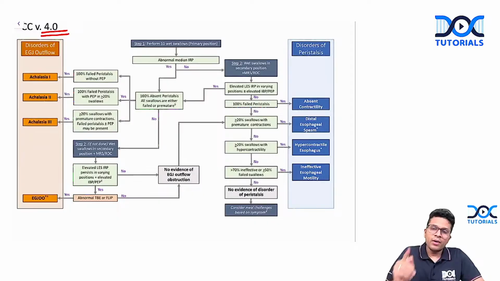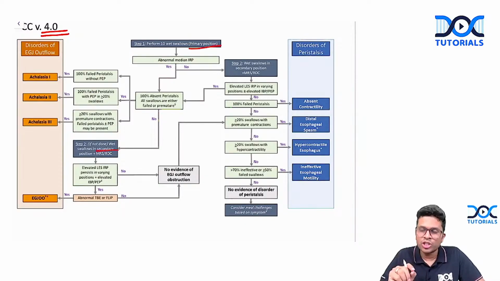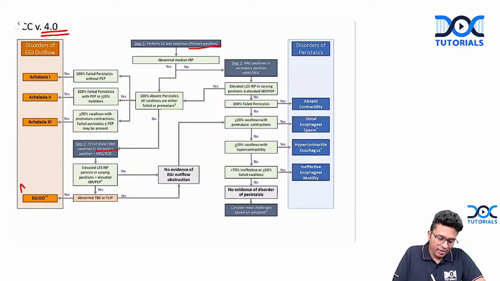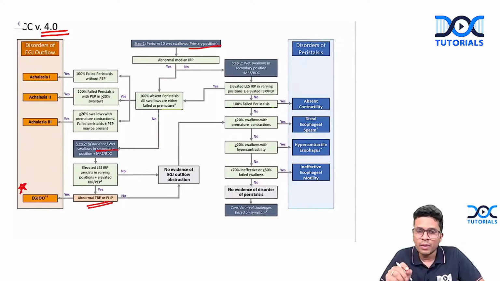Okay. Here there are some changes from the previous one. One, you have a primary position, and also you do a few things in secondary position. There is more emphasis on a few newer tests like abnormal timed barium and FLIP studies to diagnose EGJ outlet obstruction.